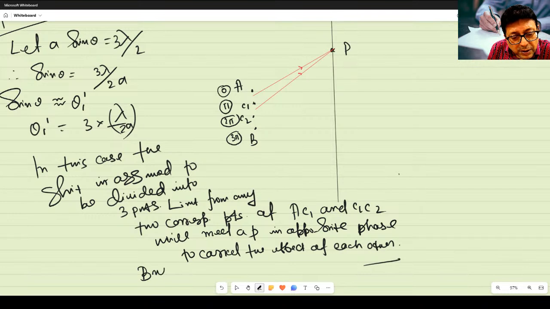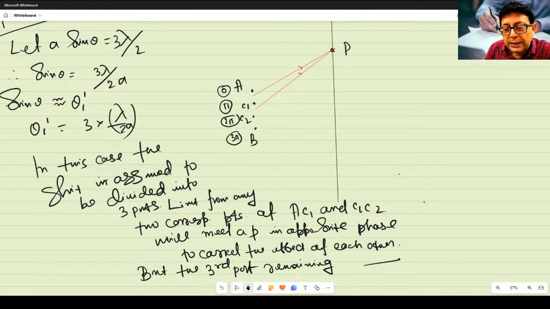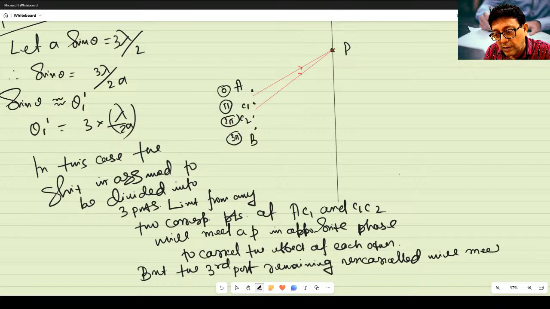But the third part, remaining uncancelled, will meet at P to produce a maxima over there.